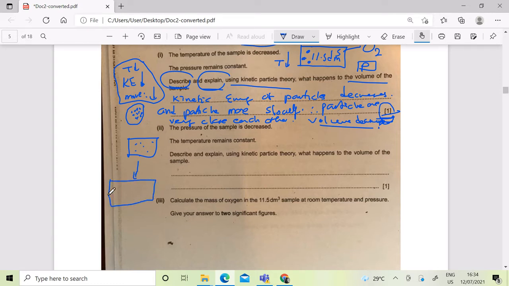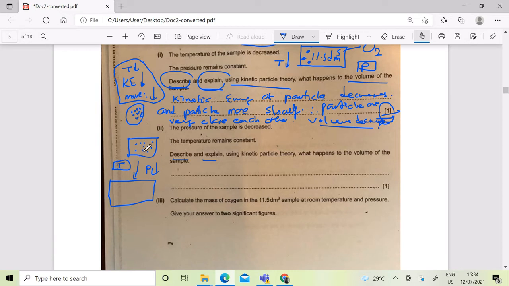The temperature remains constant; this time you do not change the temperature. Describe and explain, using kinetic particle theory, what happens to the volume of the sample.